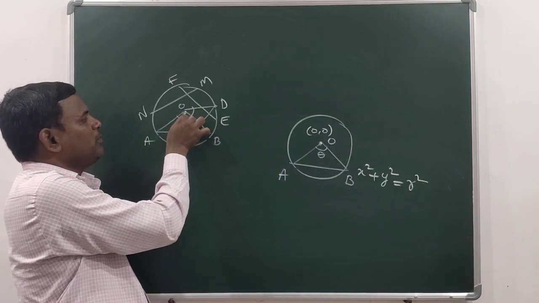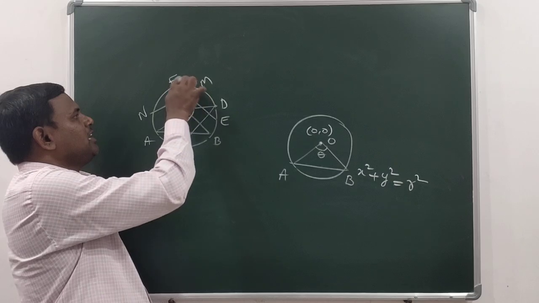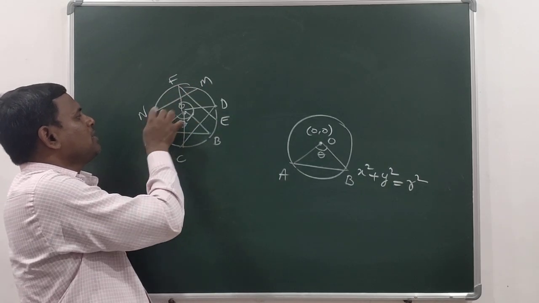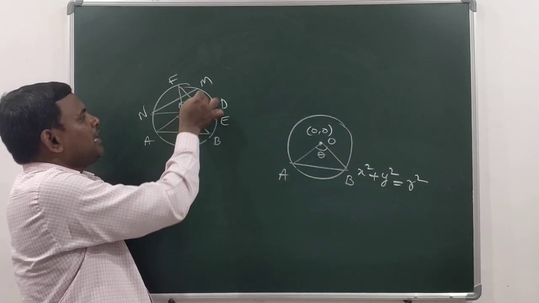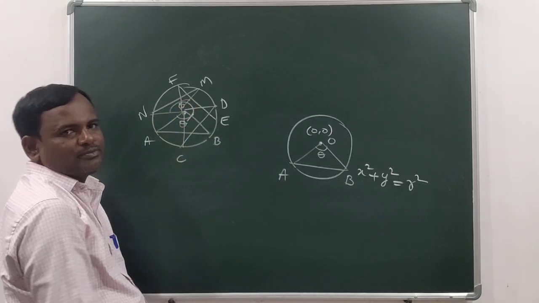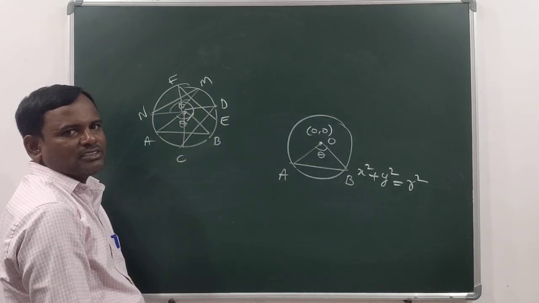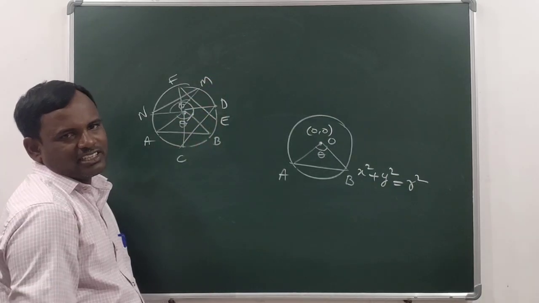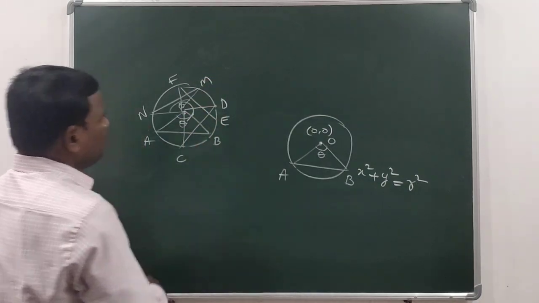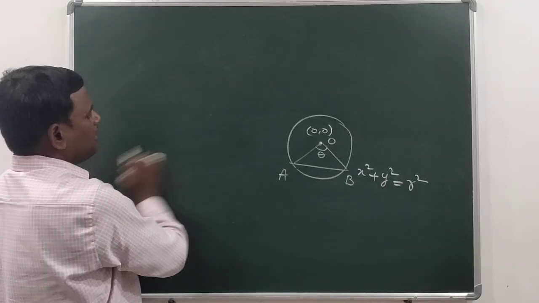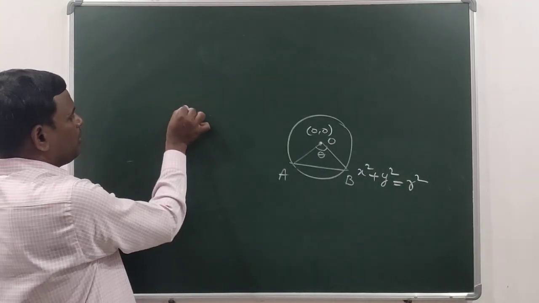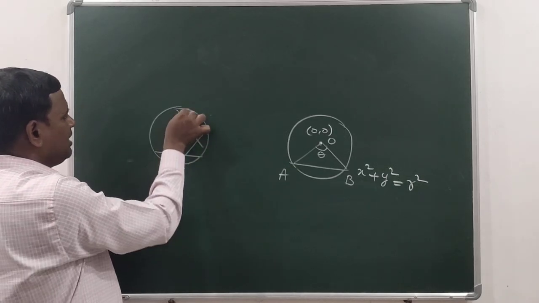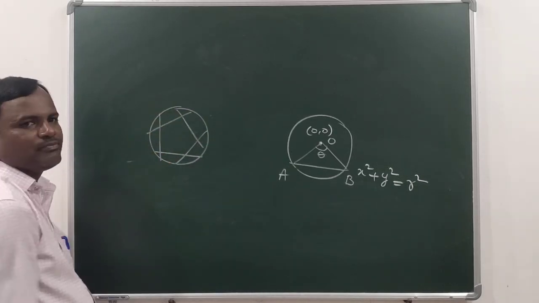Even CD also will make theta angle at the center, EF also will make theta angle at the center, even this MN also will make an angle theta at the center. Okay students, equal chords make equal angles at the center. So by that property, you can draw many more chords of equal length in a circle.